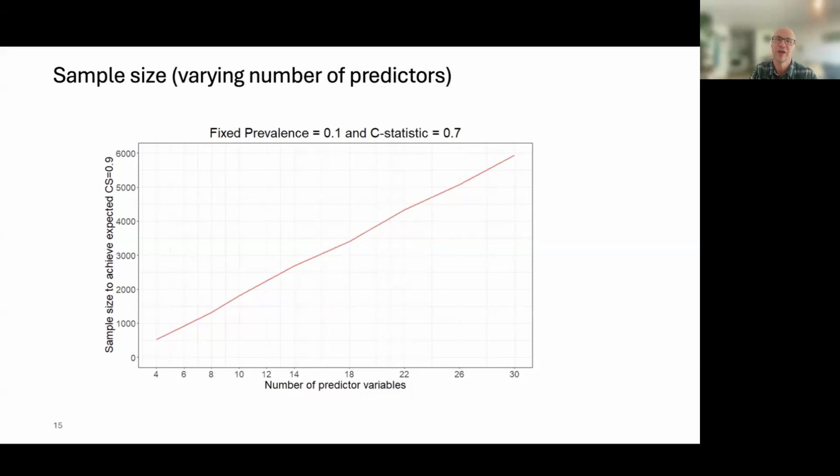Of course, if I include very strong predictors, then the C, as we said earlier, will change, so I would need a smaller sample size. So here it was an exercise where I kept prevalence and C-statistic AUC fixed so that I can check the effect of the number of predictors.